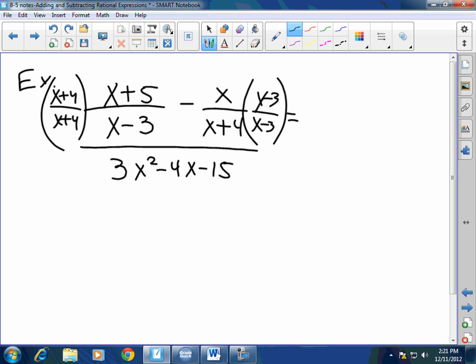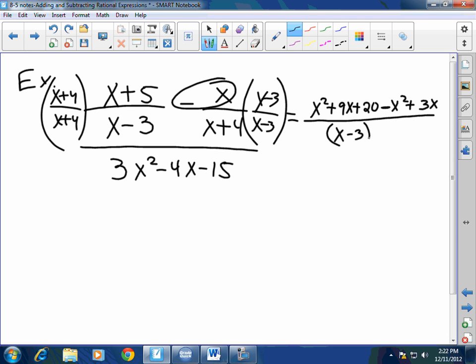So over here, the first multiplication, you get x squared plus 9x plus 20 minus x squared plus 3x, because it's a negative x that you're distributing, my brother. Okay? All of that over x minus 3 times x plus 4, which then I can simplify.